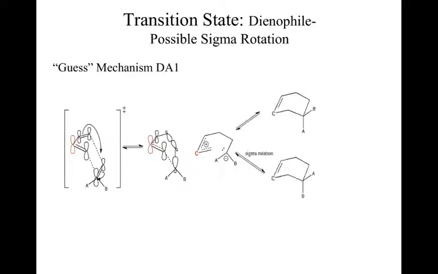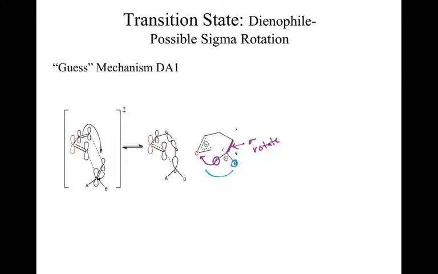Okay? The interesting feature of this product is that I now have a sigma bond chilling right here. Well, the fun thing about sigma bonds is that they can rotate. If that sigma bond rotates, that is going to change the relationship of A to C versus B to C. Okay?